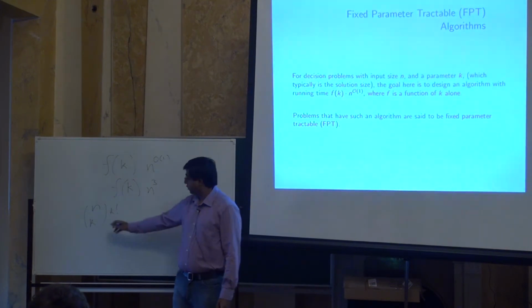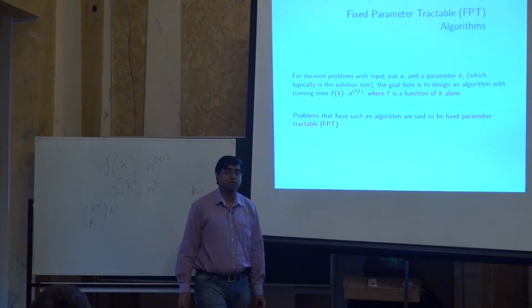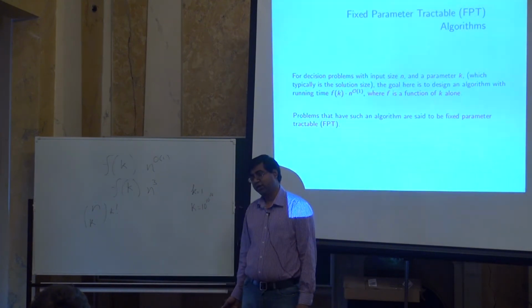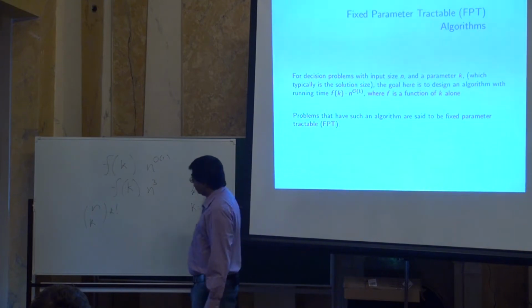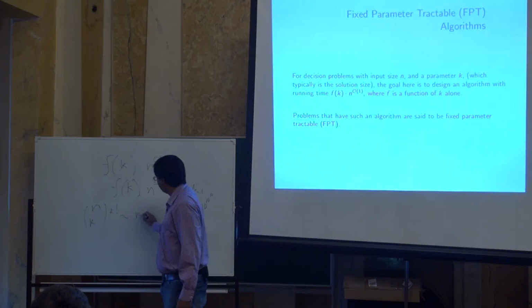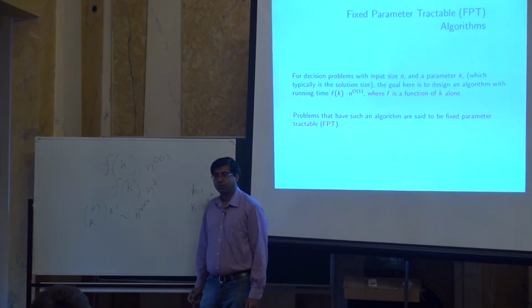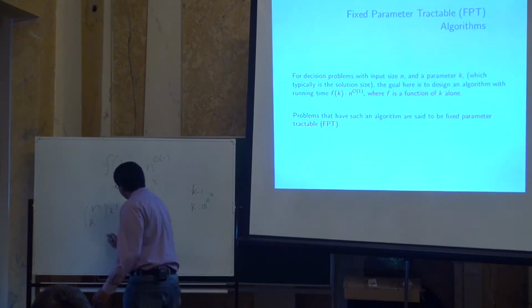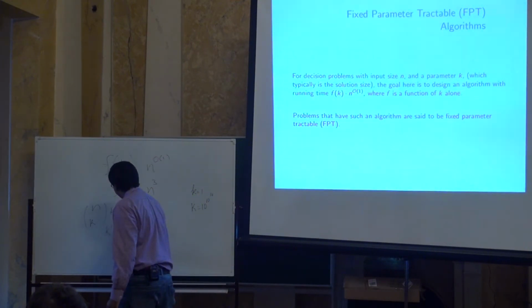Now, if I put k equal to 10, what is the running time of this algorithm? It's roughly n to the power 10, right? If I put k equal to 10 to the power 10, the running time of this algorithm is roughly n to the power 10 to the power 10, right? Compare that algorithm with, suppose I make an algorithm for you whose running time is k factorial into n.